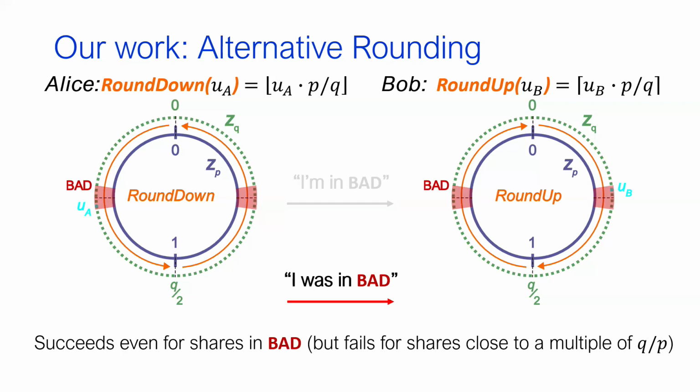Then Alice could just round according to whether or not she is in the red area, and at the end she would tell Bob if she was or not. Well, on Bob's side, he also has to perform his homomorphic evaluation, and he doesn't know what Alice is doing. So he has to prepare for both cases, right? He has to do the standard rounding and the alternative rounding.